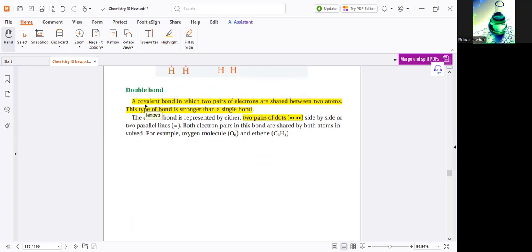double bond. A covalent bond in which two pairs of electrons are shared between two atoms. This type of bond is stronger than a single bond, because we have four electrons, two lines between the atoms. The double bond can be represented by either two pairs of dots side by side, or two parallel lines.